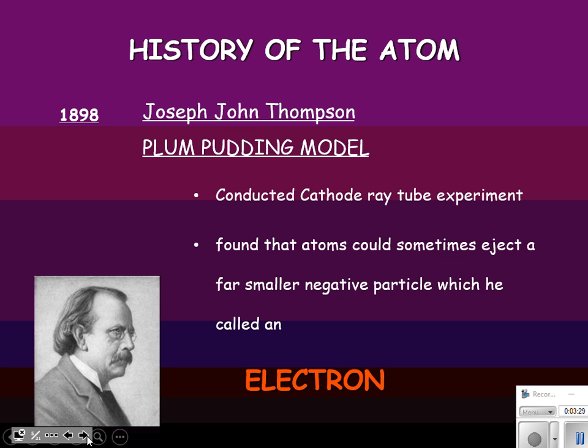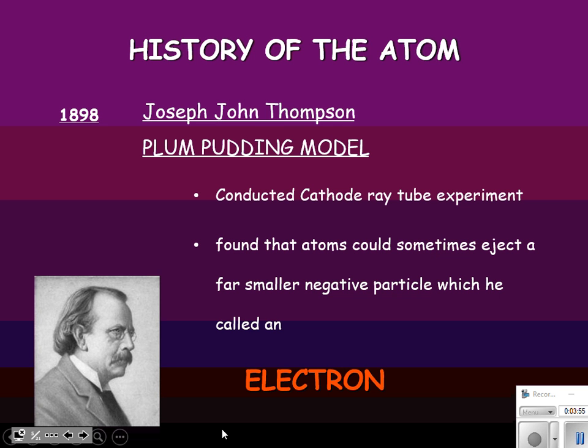J.J. Thomson, Joseph John Thomson, had what we call the plum pudding model. What happened is he had an experiment with a cathode ray tube.